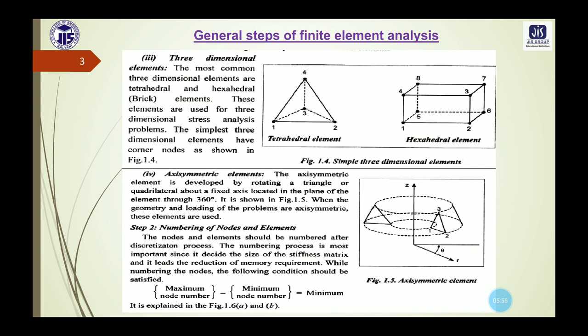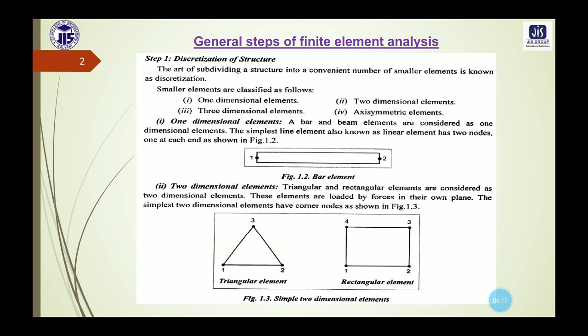So this is the first step of solving any finite element problem, known as discretization, and we have seen four different types of elements: one-dimensional, two-dimensional, three-dimensional, and axisymmetric elements. Bar and beam elements are examples of one-dimensional elements.